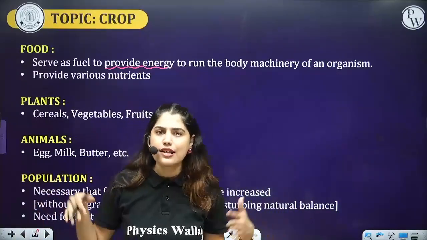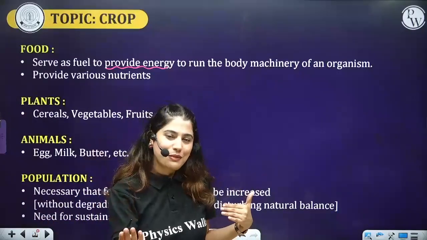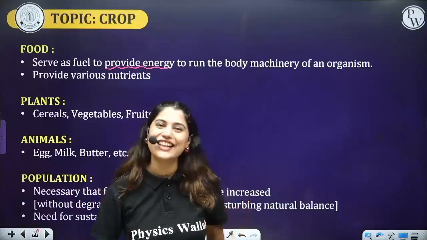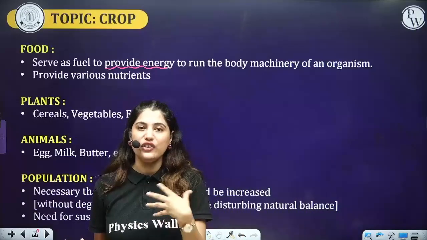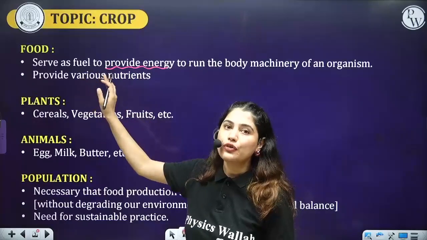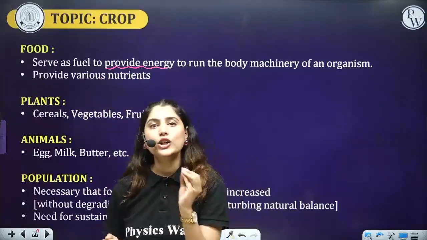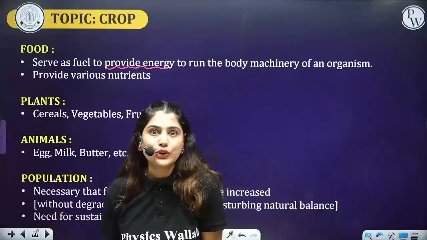Maybe I can dance, right? I may make notes, I may be giving a lecture in front of you, right? So I need energy for performing different body functions, and that energy I'm going to get from the food, right? Now, if I talk about the food, from where do I get my food? From where do you get your food?